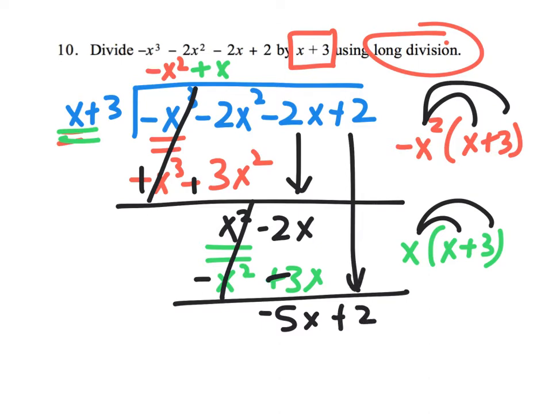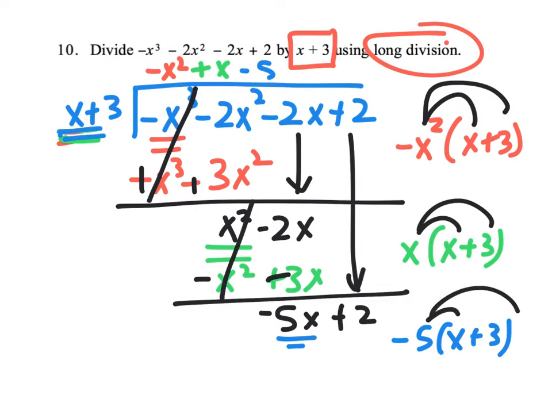Now we're looking for something that multiplies to negative 5x, and we're going to use our original x. It's going to be negative 5. So off to the side, I'm going to do negative 5 times x plus 3, and we're distributing. When I do that, I get negative 5x minus 15, and we're going to flip our signs, so we add.